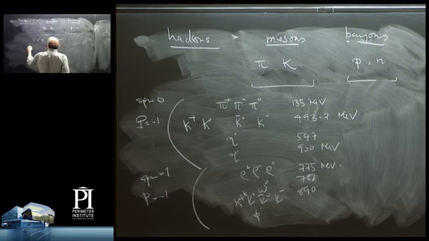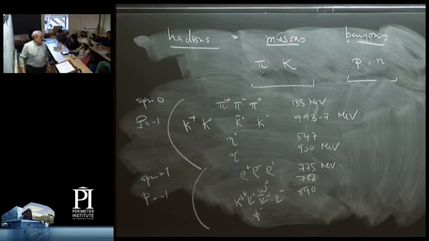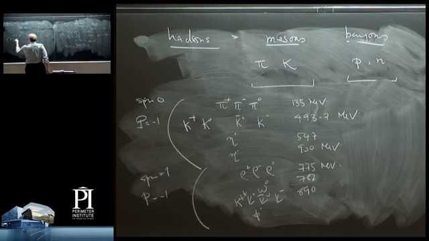Then 4 particles called the kaons. Maybe I should say that pi plus and pi minus are the antiparticles of one another, and pi 0 is its own antiparticle. For the kaons, there are actually 2 neutral kaons, which are the antiparticles of one another, and K plus and K minus.